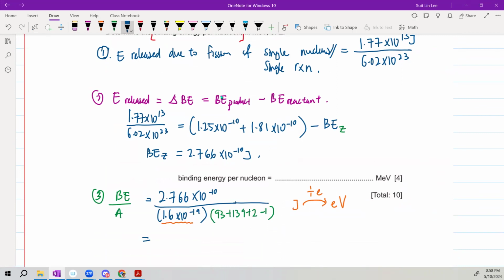Or I guess you can press your calculator, which I'll do so now. This will give me 7.419 times 10 to the power of 6, or 7.42 mega eVolt.